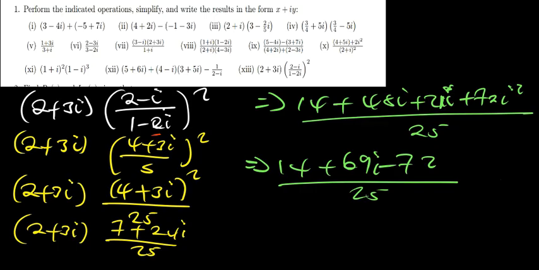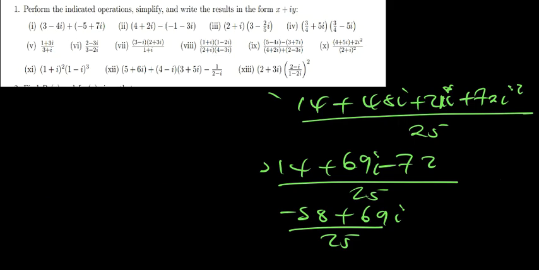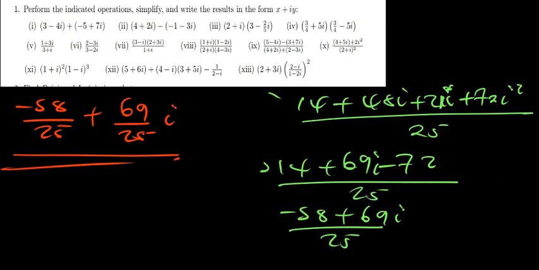So I have 14 minus 72, which is giving me negative 58. Okay, plus 69i divided by 25. So you can write the final answer as negative 58 over 25 plus 69 over 25i. That is my final answer. So that is it for question 1.